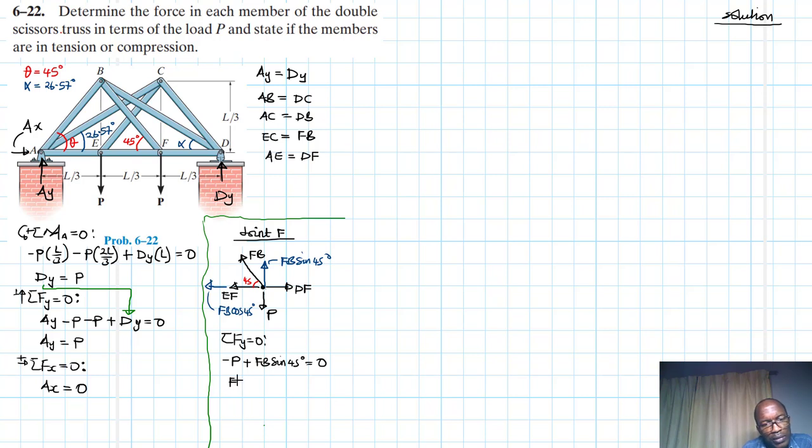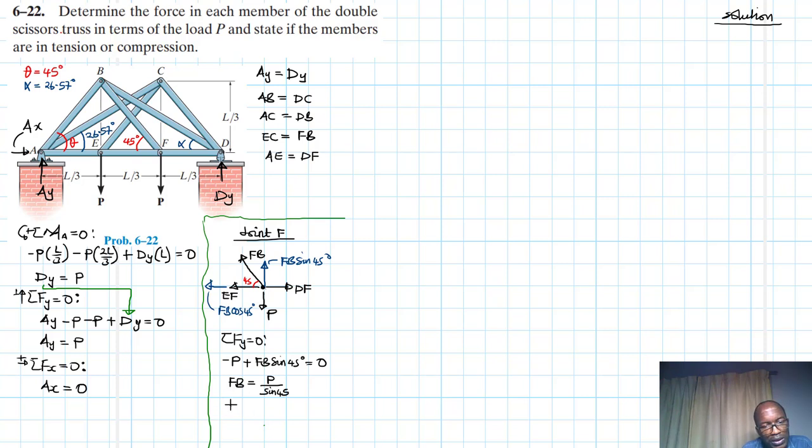Therefore, my FB is just going to be equal to P divided by sine 45. I want to leave it like this for now so that I don't have decimals so much. I'll finalize it later on. So we have FB equal to P over sine 45.